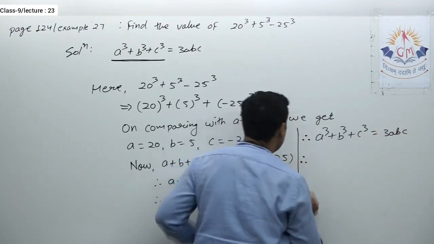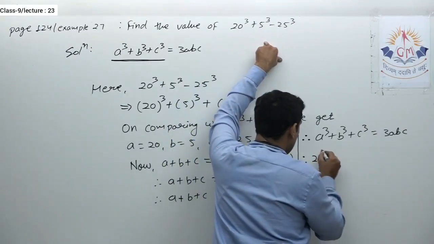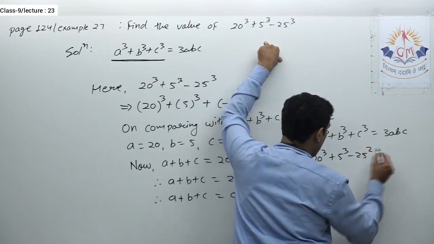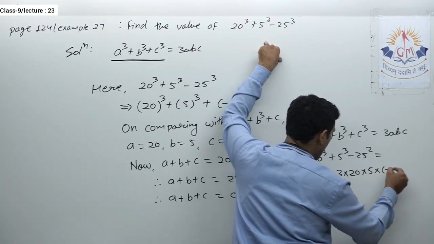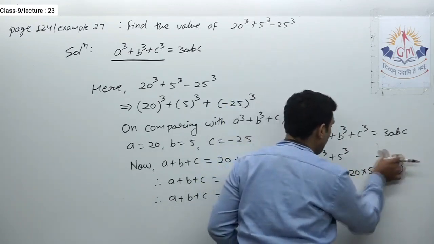Therefore now if I put the values, what are the original values, therefore 20 cube plus 5 cube minus 25 cube will be equal to 3 multiplied by 20 multiplied by 5 multiplied by minus 25. I just kept the values of A, B, C.